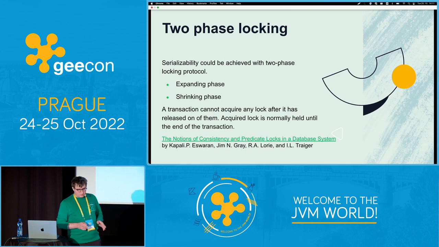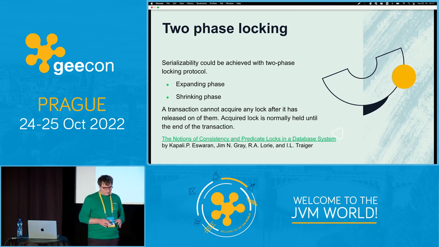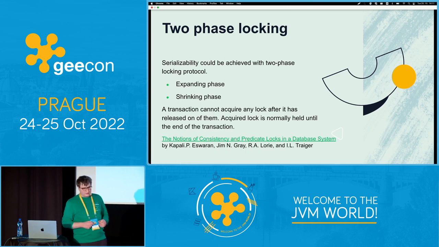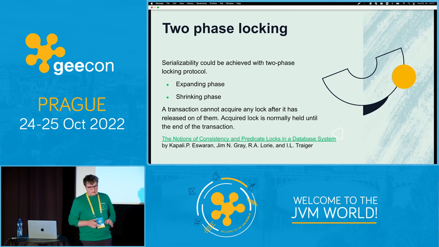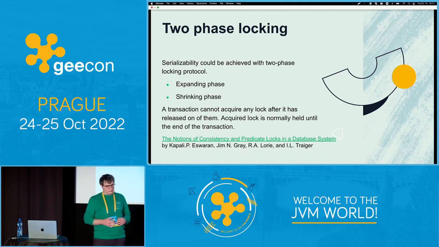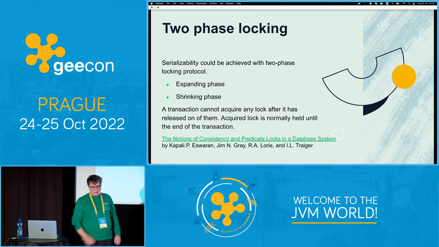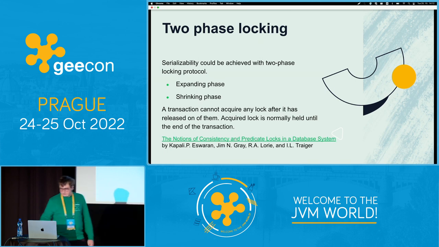After that, it will execute its actions and then start releasing the locks. If your transaction cannot acquire a lock, it will have to release all of the locks that it has. And if your transaction has released a lock, it cannot acquire new locks. Initially, all the databases employed this protocol.